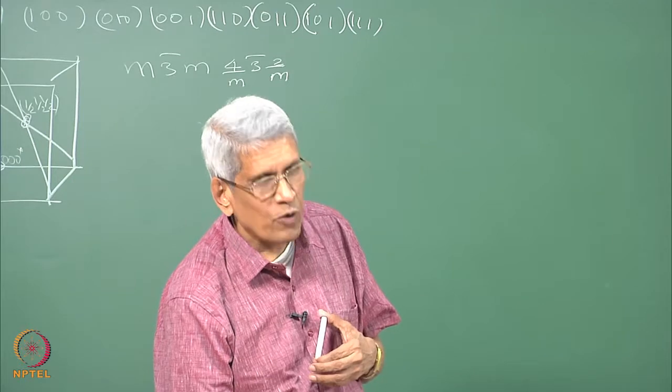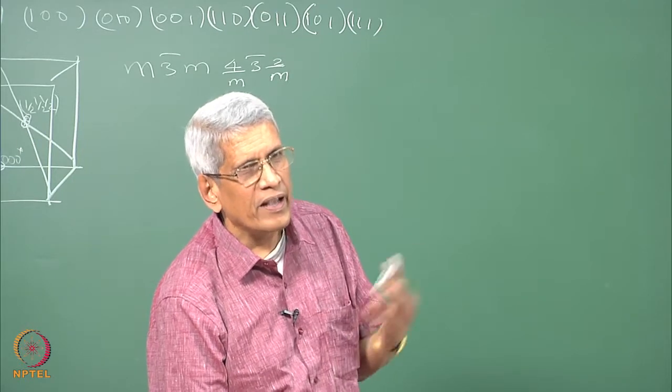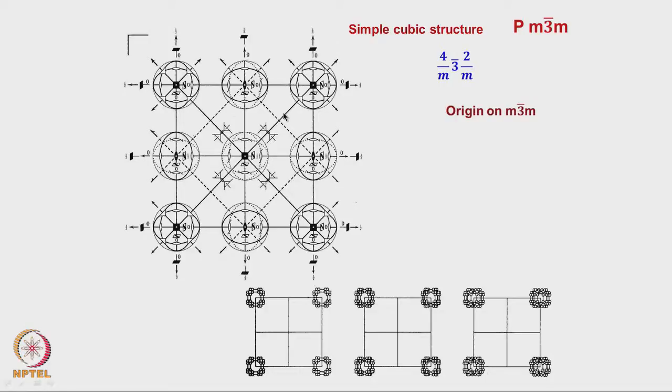When we look at an FCC structure, it becomes still more complicated. When we look at diamond cubic, where a glide is also there and screw comes into the picture, these become very complicated structures. So you don't have to really bother about it. To construct a crystal structure, what we require is the Wyckoff positions and the coordinates given in the International Tables for Crystallography. That itself is good enough to construct a crystal structure.